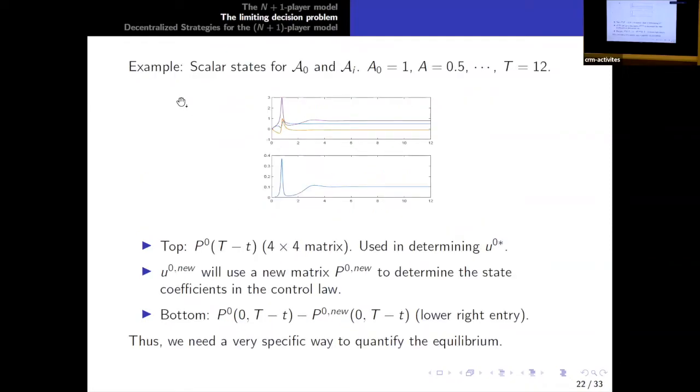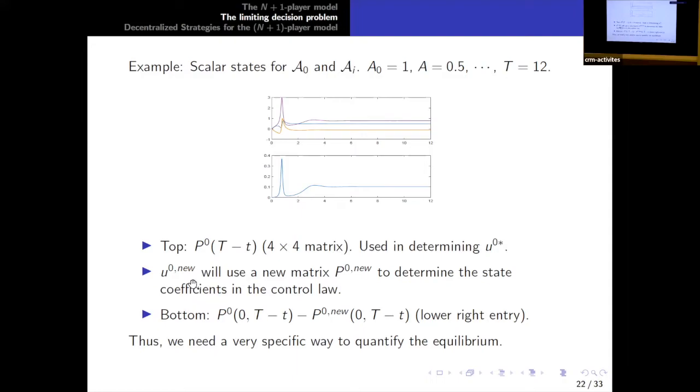Okay, so here is a numerical illustration of this instability. Okay, initially we solve this problem to determine the strategy of the leader. Okay, suppose all minor players or followers have used u_i star. Okay, now they need to recompute its strategy.